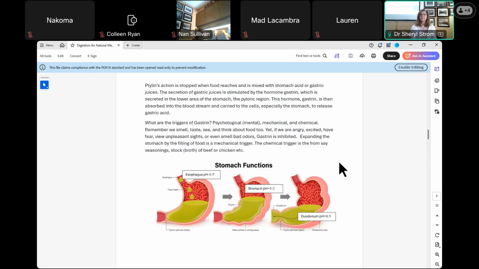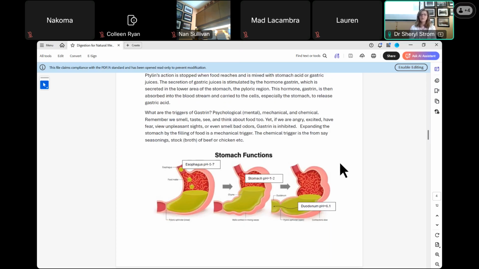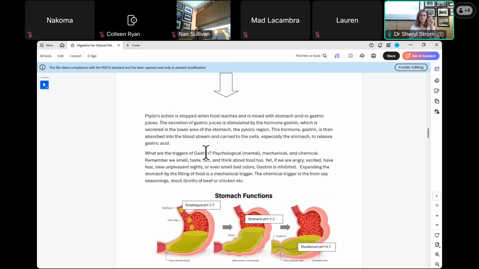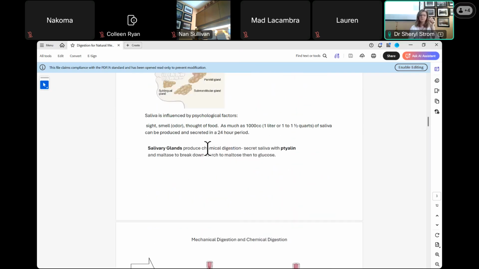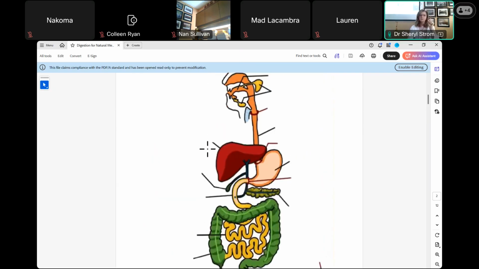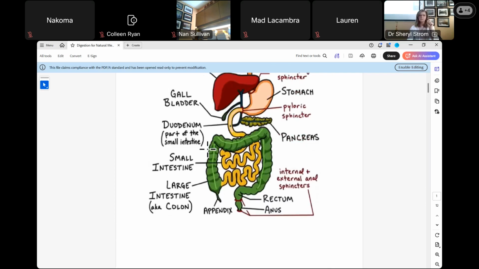Okay, stomach functions. You do have to know the different acid levels of the stomach. So at the top of the esophagus, well, I'm going to scroll back up here just to show you. Don't want you to get a seizure because then I will have more paperwork.